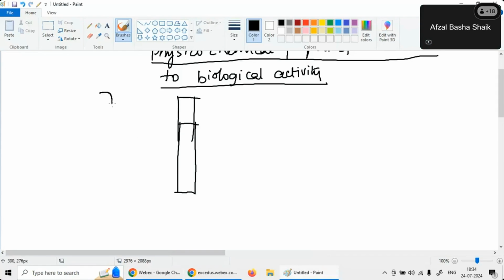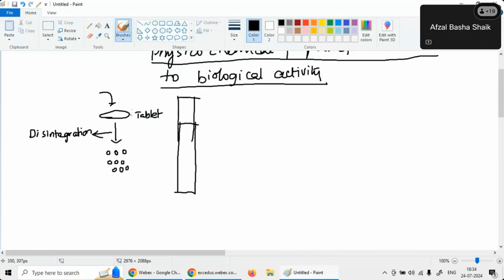So orally you give a tablet, right? This tablet will initially undergo disintegration.